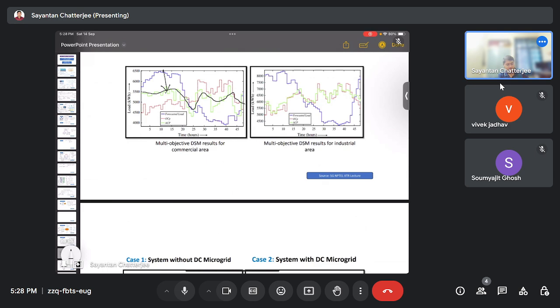So peak reduction here is around 1,000 kilowatt hour. Here we can also observe peak reduction of around 1,500.